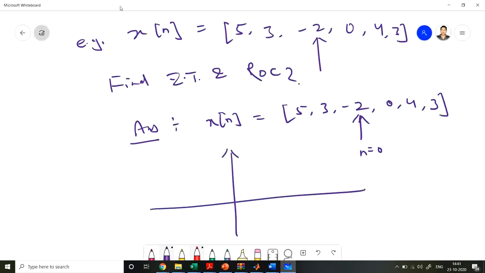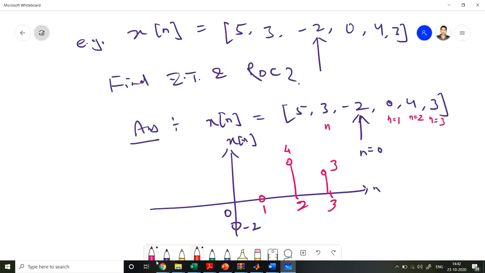So if we draw the graph of x[n] with n, then at n equals 0, the value is minus 2, and at n equals 1, the value is 0. At n equals 2, the value is 4. At n equals 3, the value is 3.